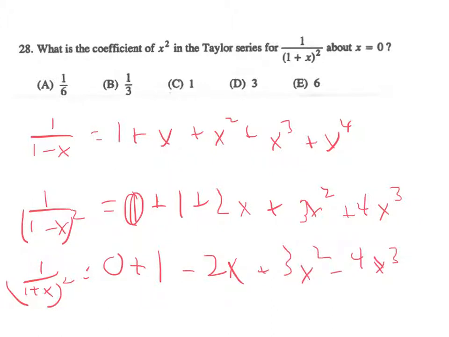And sure enough, there's my coefficient of the x squared term, and again, it's 3. So we could alter the geometric series to get that as well.